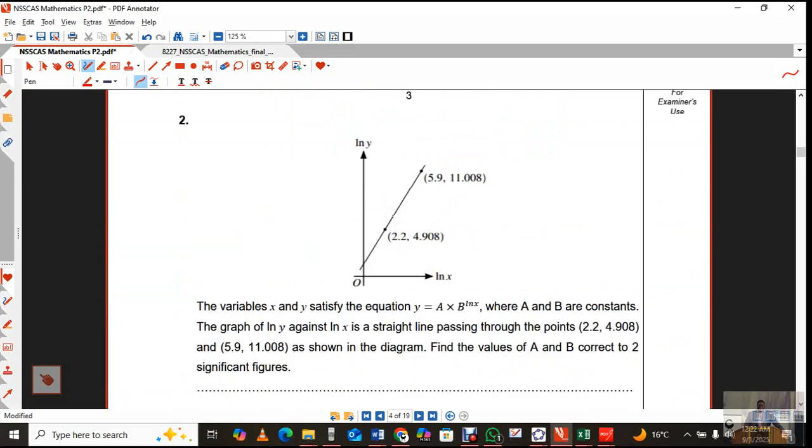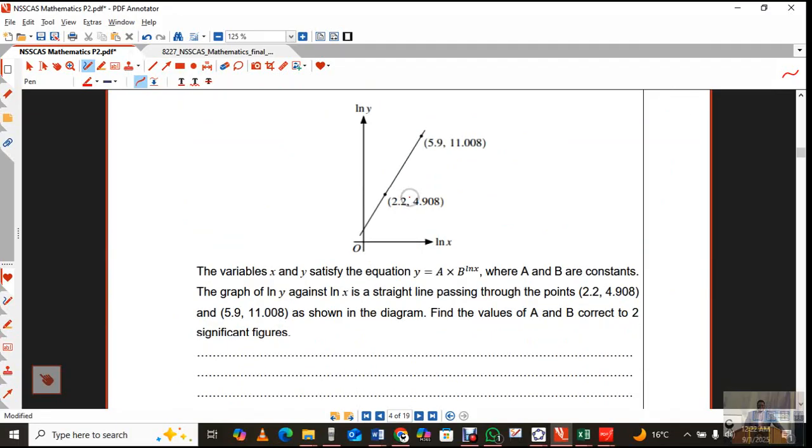Question 2, we have a scenario here where you are given the graph of the natural log of y against the natural log of x. So what is important for you to remember here is that this can be written, let me just write it down, y equals a times b raised to the natural log of x.